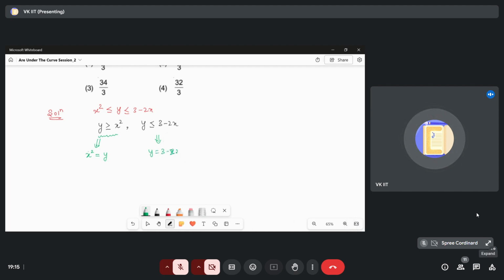So when you draw the diagram of this, you will get one parabola. x square is equal to 4ay when you compare that with the standard equation. So this is the parabola.